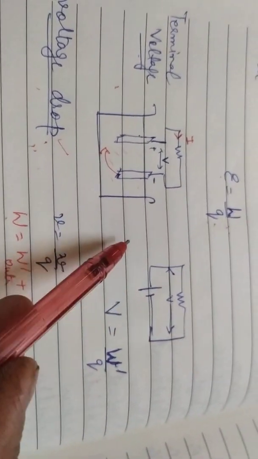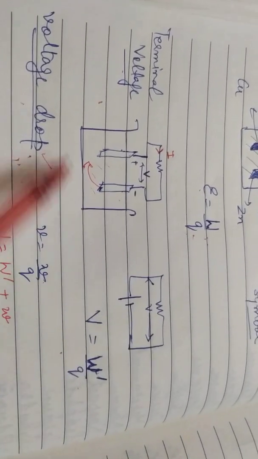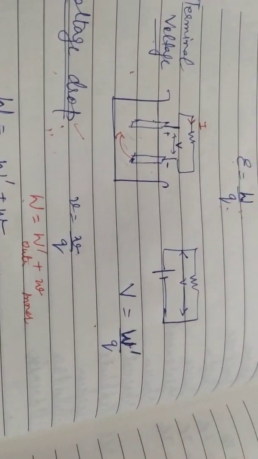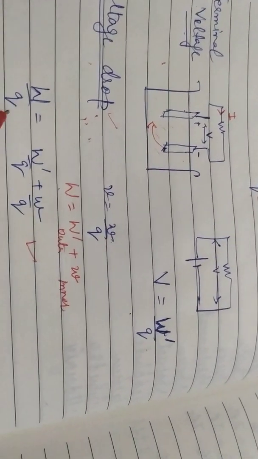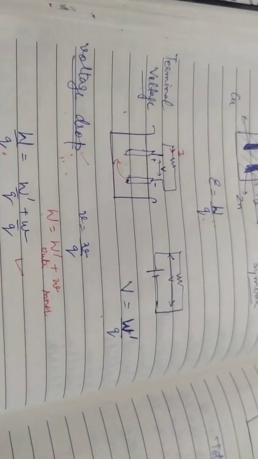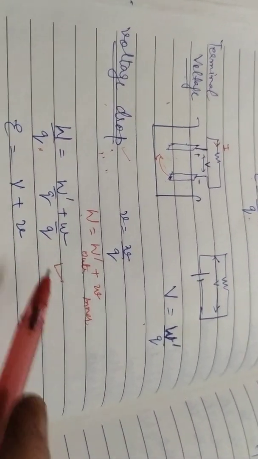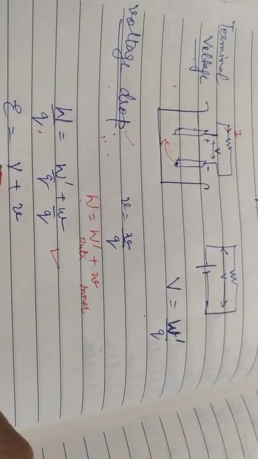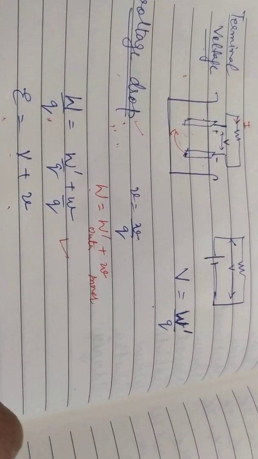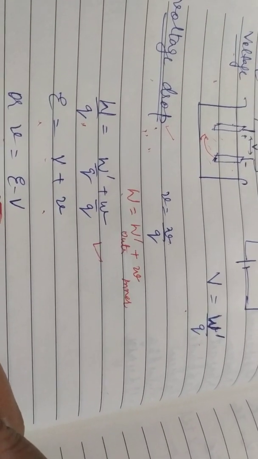Now from my definitions of EMF, potential difference, which is also called terminal voltage, and the voltage drop, I will get from this equation this relation using these three equations 1, 2, 3. So EMF is the sum of terminal voltage and voltage drop, or I can say voltage drop is the difference of EMF and terminal voltage.